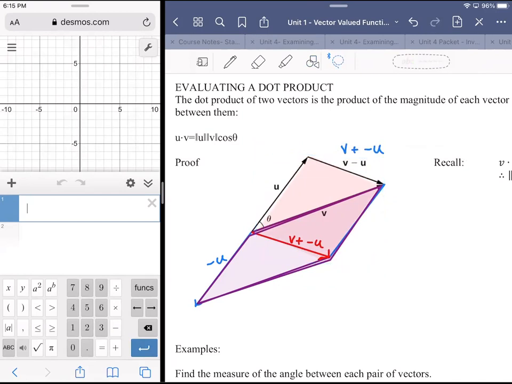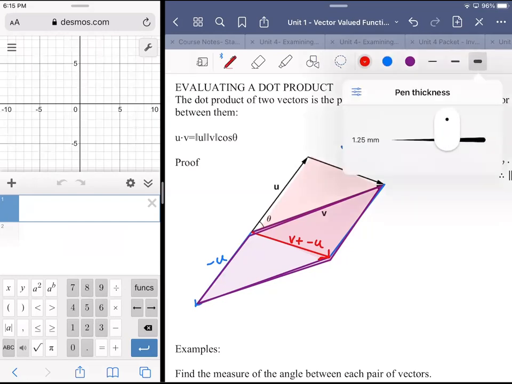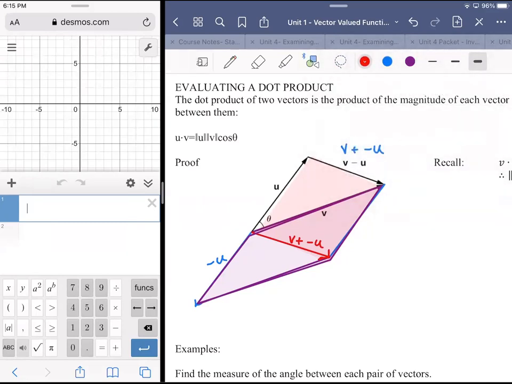So we inadvertently created another parallelogram, and since opposite sides in a parallelogram are congruent, this side is congruent to this side.